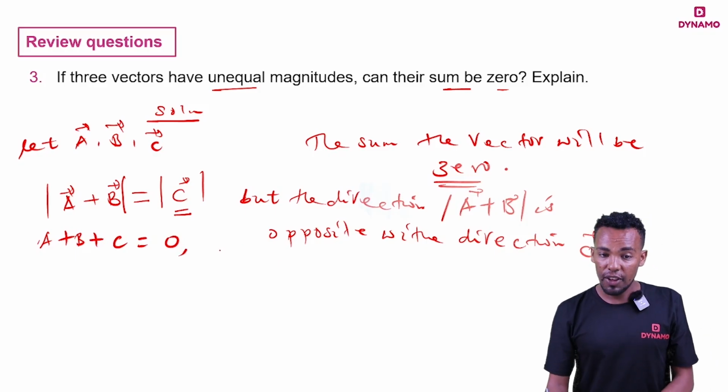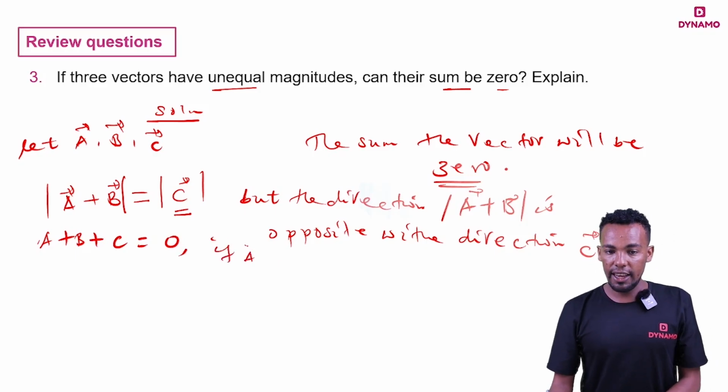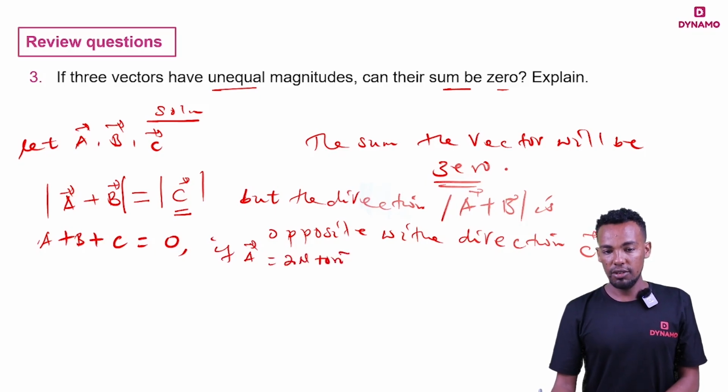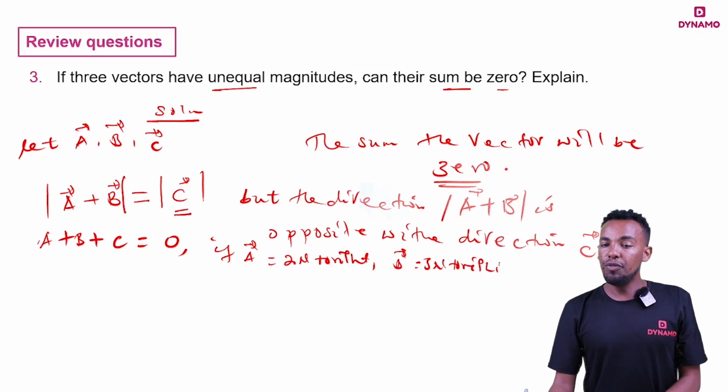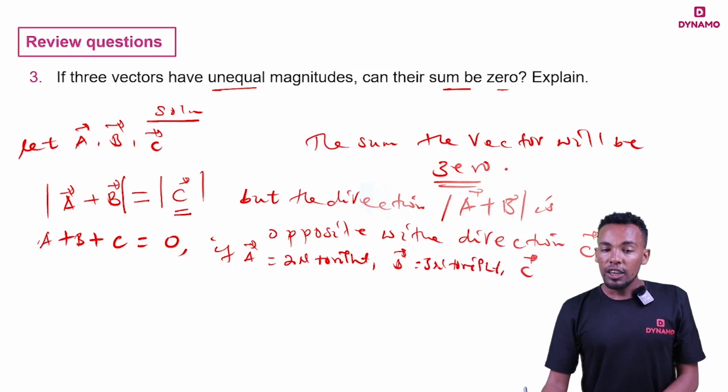For example, if vector A is 2 Newton to the right, vector B is 3 Newton to the right, and vector C is 5 Newton to the left.